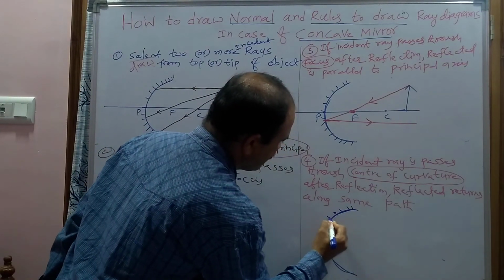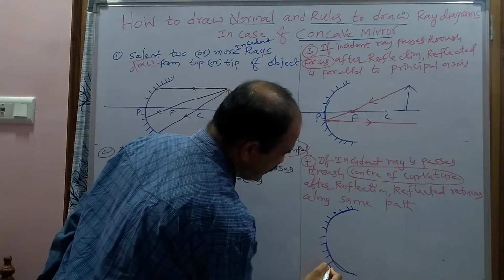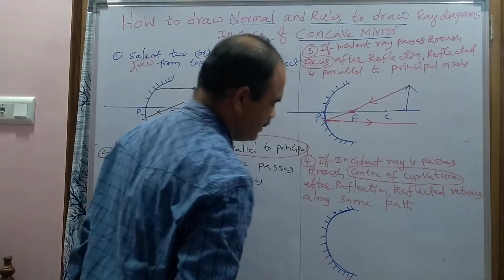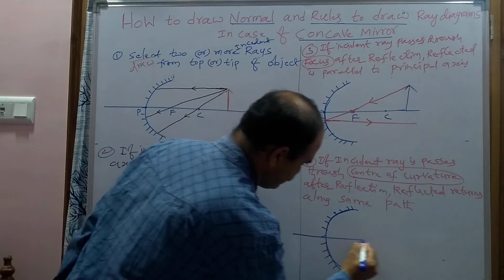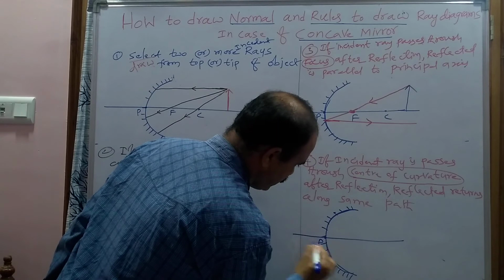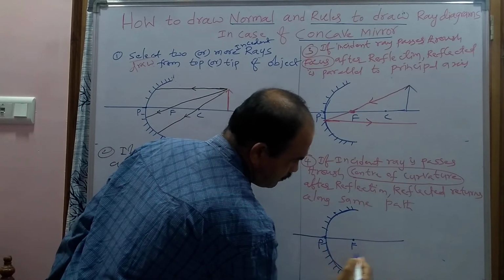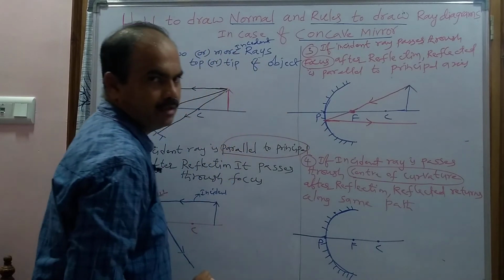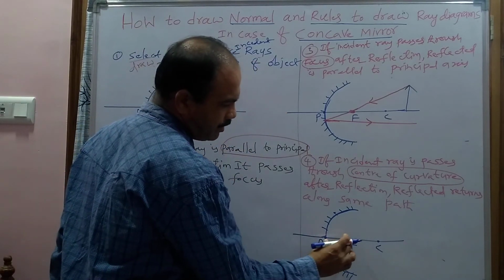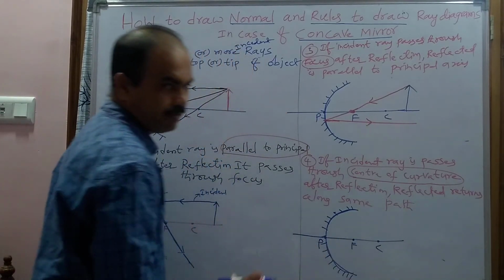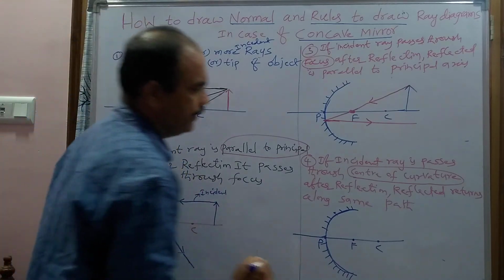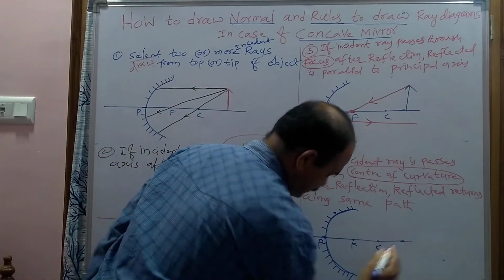This is the focus of the concave mirror, this is the pole. Let us imagine the focus, and this is the center of curvature. Remember, the distance between the pole and the focus, and the focus and the center of curvature, must be the same. Now imagine this is the object.